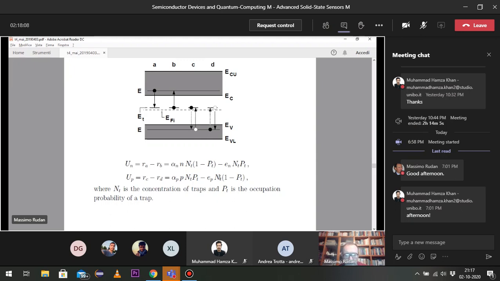And finally, we have the emission coefficient of the hole, E sub p, okay? So we have these two separate expressions, but we know that they are equal to each other, okay?